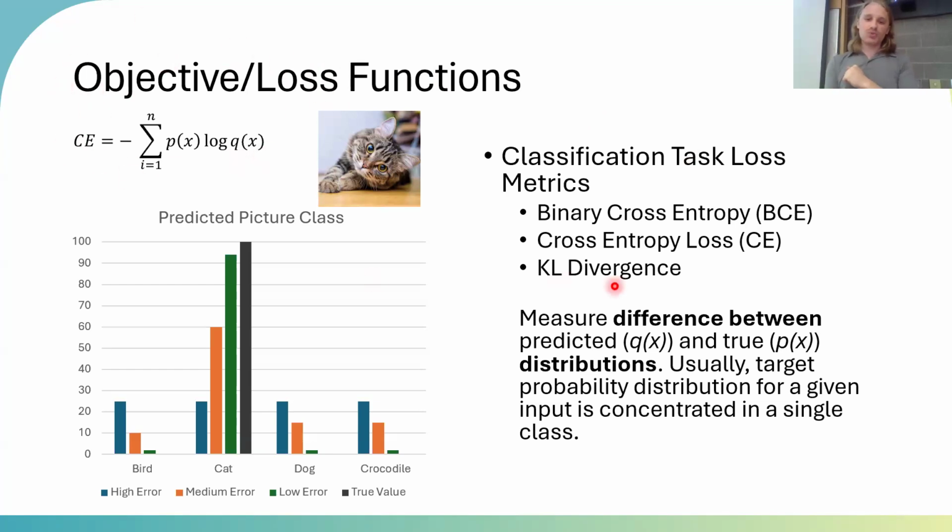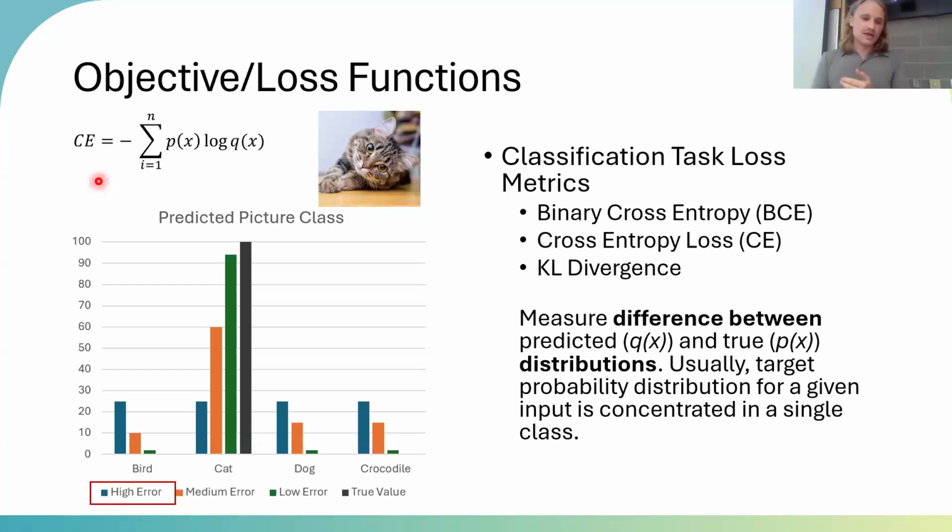We're looking at some predicted distribution Q, and our true distribution P. I'll quickly go through this example so you can understand. If we have a naive model that has no information, whether determining this is a cat or a bird or a dog or a crocodile, it knows nothing, so it just gives an equal probability to all of those classes.